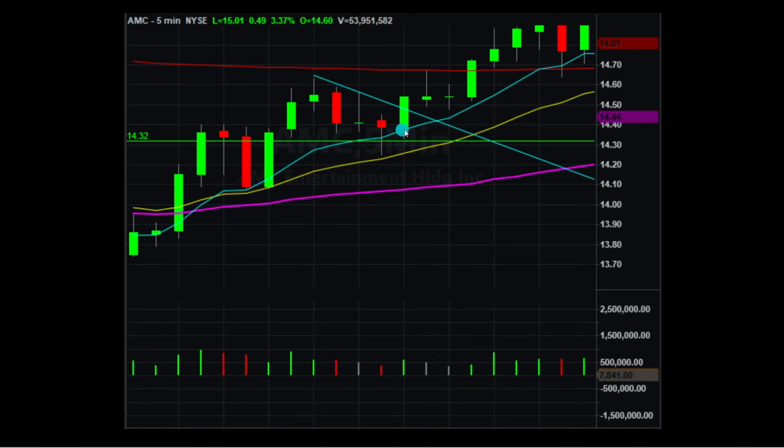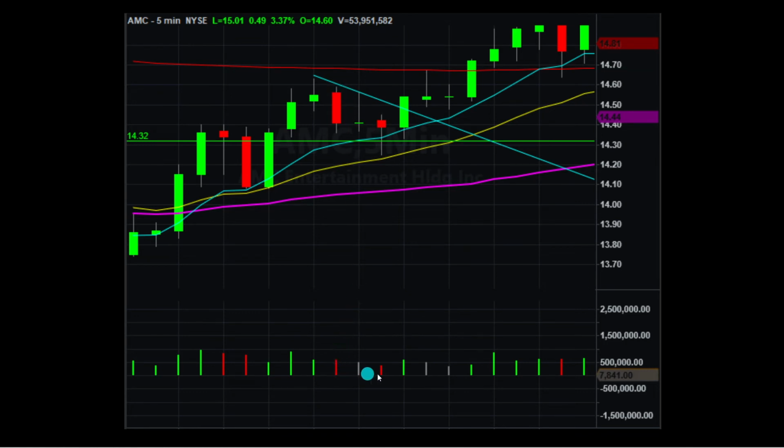This is with AMC, right? You get the pole right here. This 1, 2, 3. You get the pole and you have the high volume to basically give you confirmation that this is a strong move. Then you get to the consolidation period, which is the pullback, right?